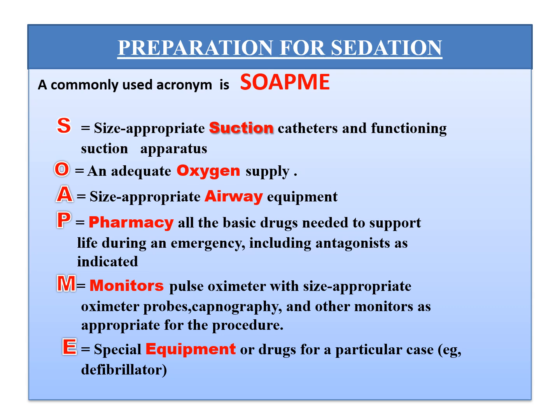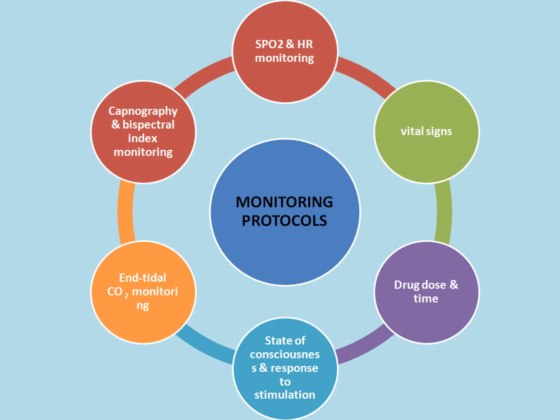M for monitors, the pulse oximeter, heart rate, and capnography probe should be available for monitoring these parameters. And E for special equipment or drugs for particular cases, where in the case the patient is losing cardiac output, a defibrillator must be there in the operation theater.